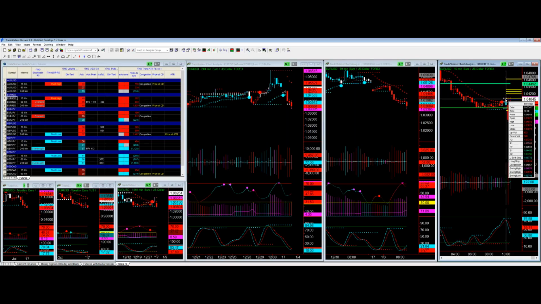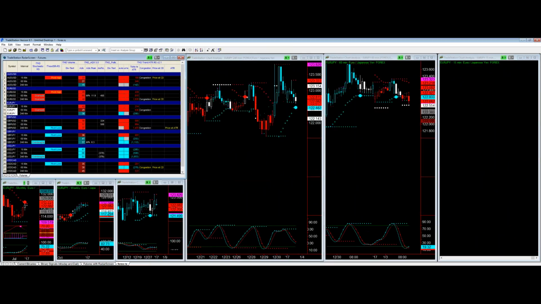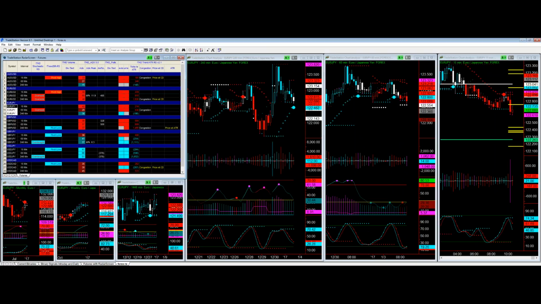You went up to the congestion dot and then came down. I don't see any volume divergence there. I think we had one on the euro yen sell at or near 122.89, which was here.